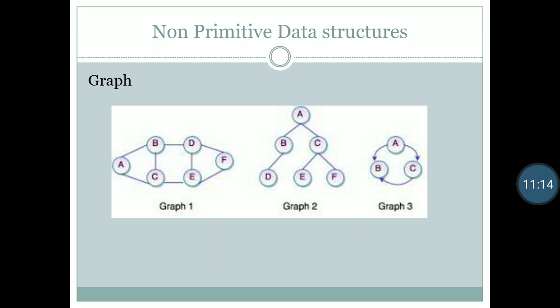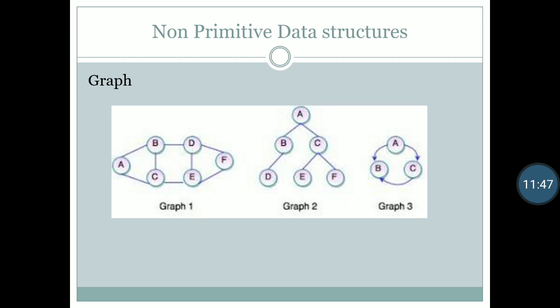Next example of non-primitive data structure is graph. We have 3 different forms here. In figure 1 we can see 6 different nodes merged together. In figure 2, 6 different nodes are merged together, and in figure 3, 3 different nodes are merged together. Here in figure 2 there is an example of a tree.